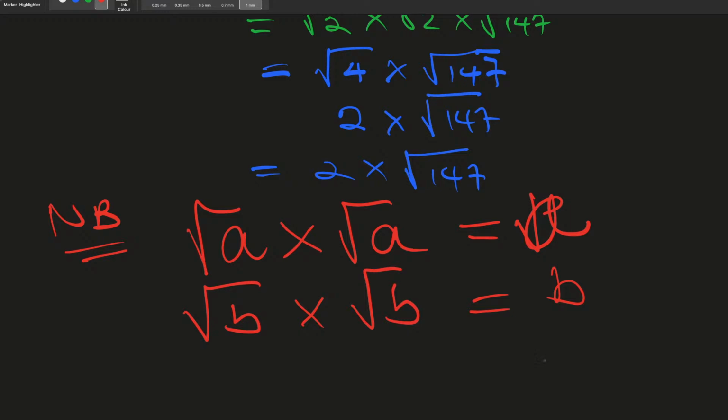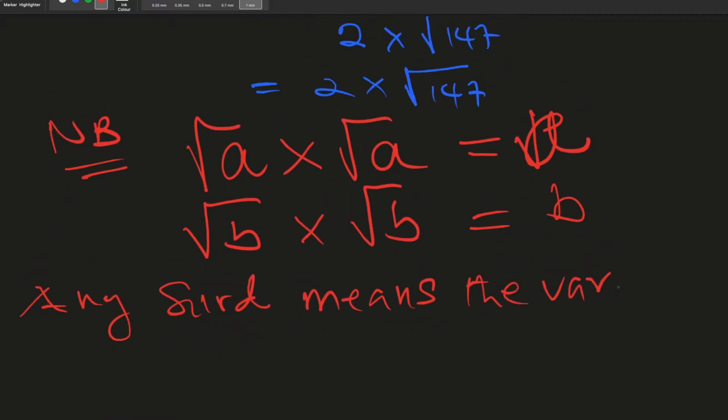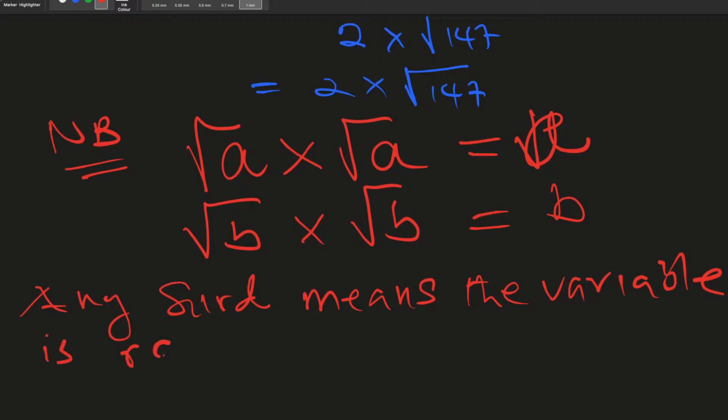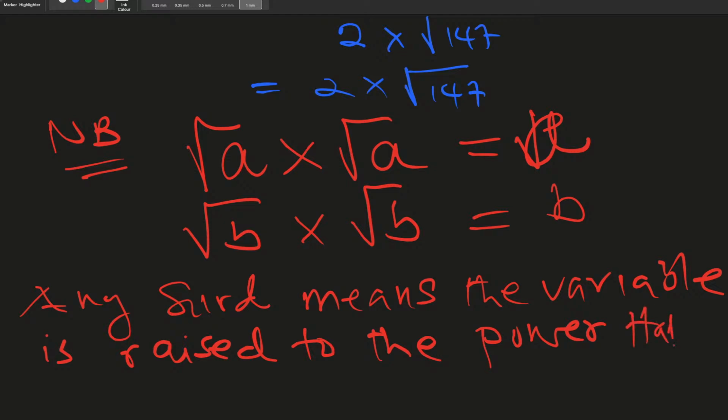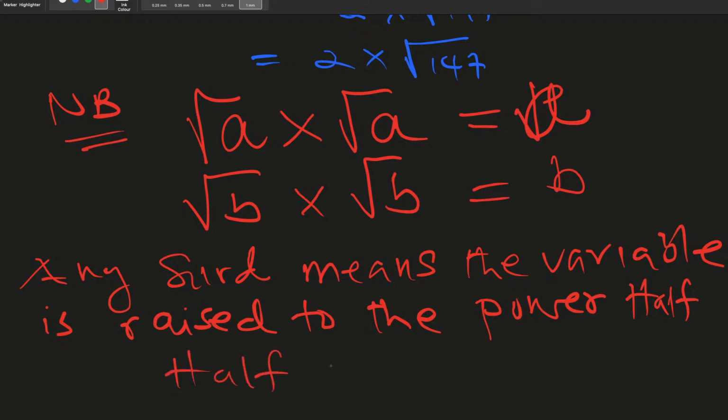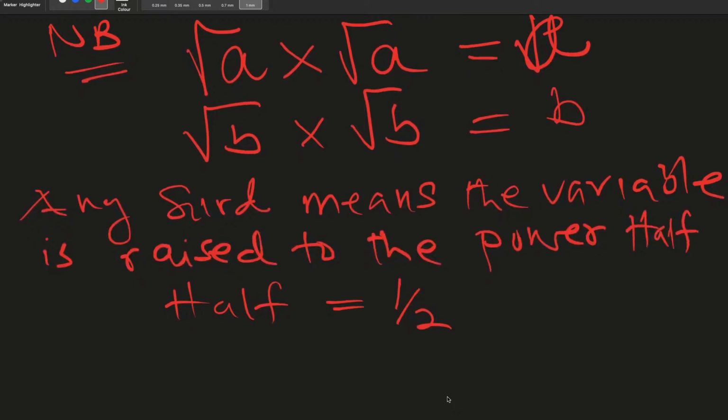Because any surd means the variable is raised to the power half. And in math, when we say half, it means 1 over 2.